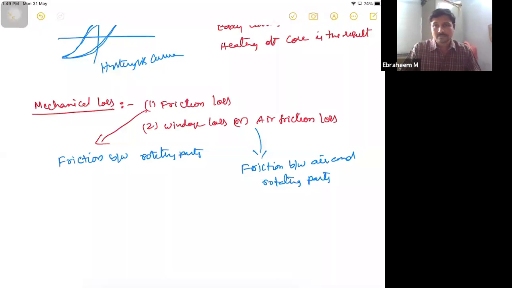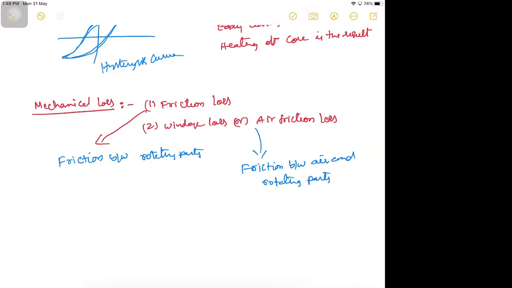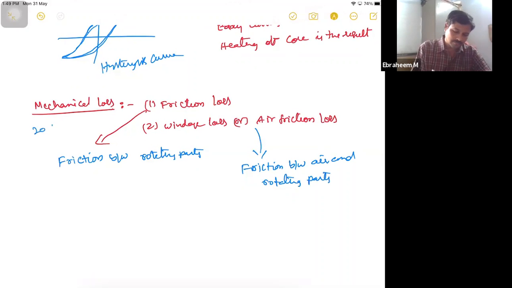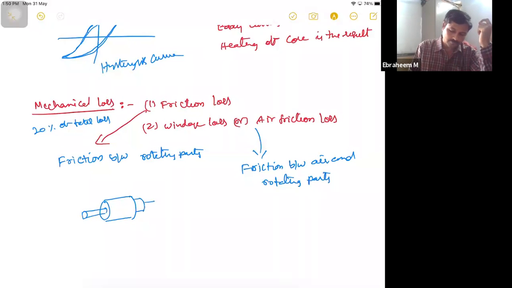These are around 20%. So the armature is rotating, and generally we will have bearings here and here also.